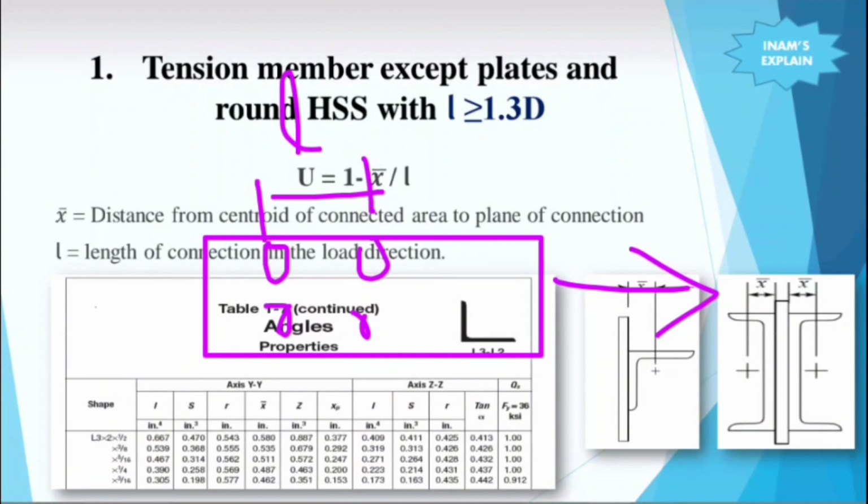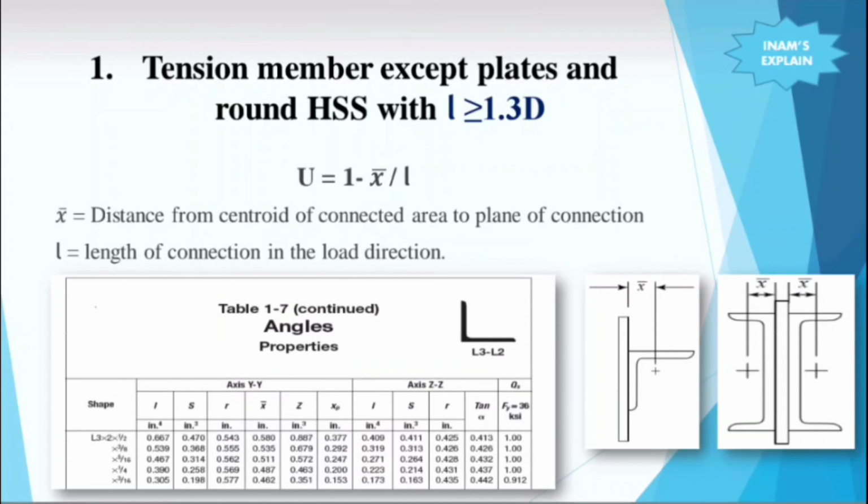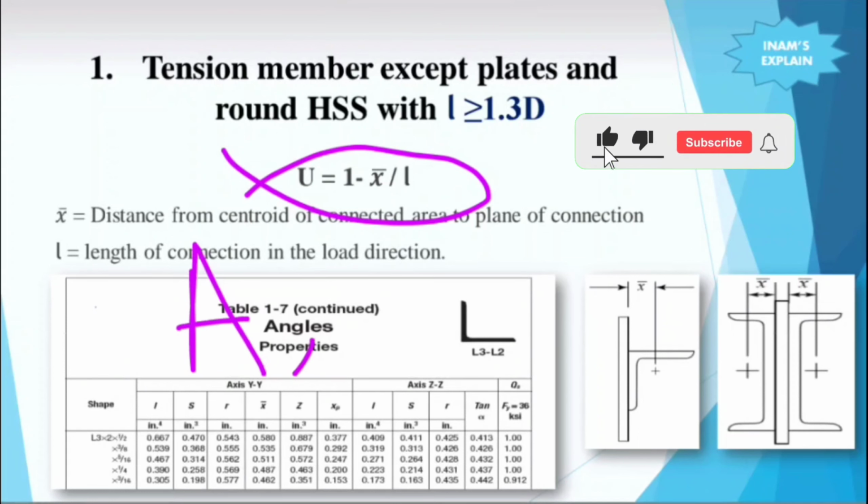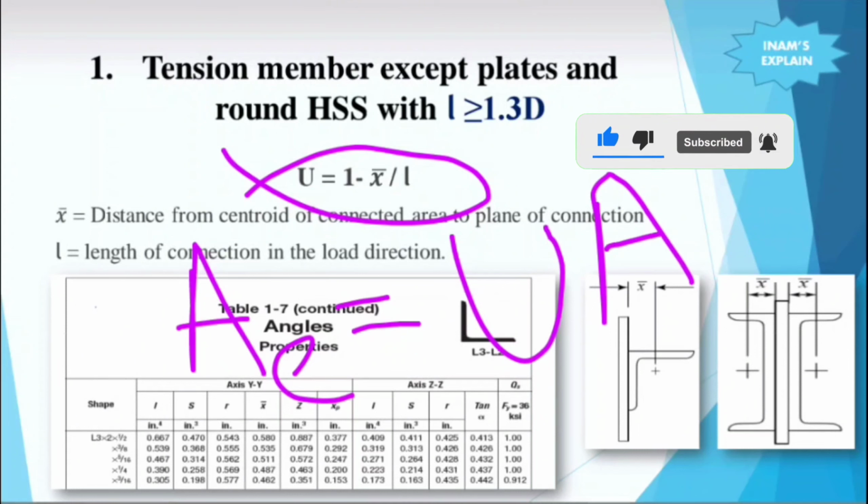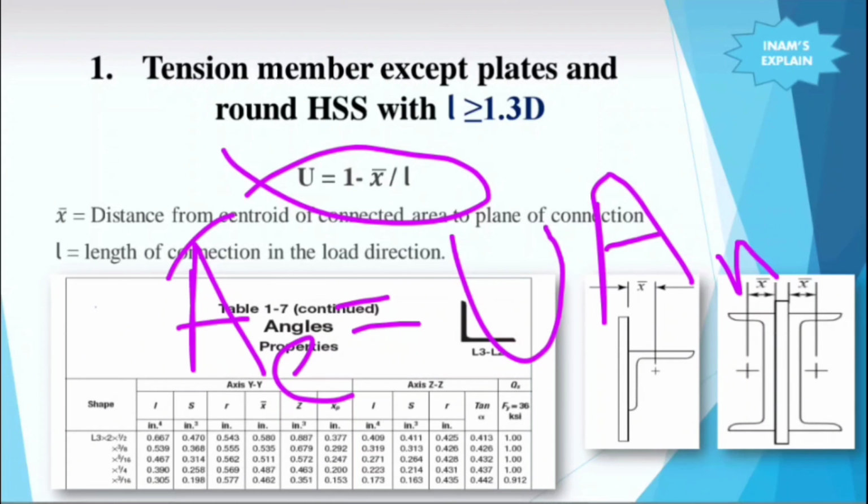This will be the connection length, not the entire length, only the connection length in the direction of load. By putting the values of x bar and L in this formula, we will get the value of U. Once you get U, just multiply U with the net area in case of a bolted connection. In case of a welded connection, multiply with the gross area. So it will yield the effective area.